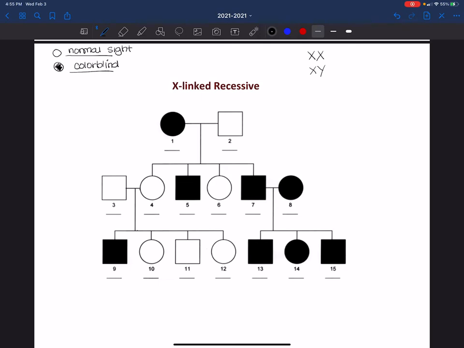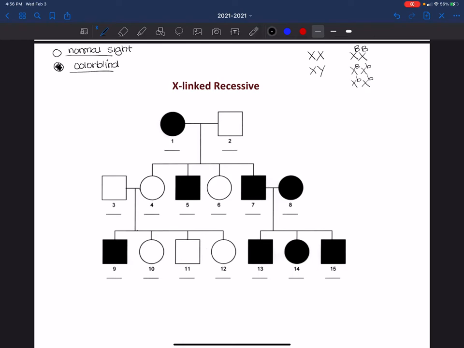Okay, and so when we look at the possible genotypes for females in a sex-linked trait pedigree, she has 3 possibilities. She could be normal, she can be normal but carry it on to her offspring, or she can actually be afflicted.